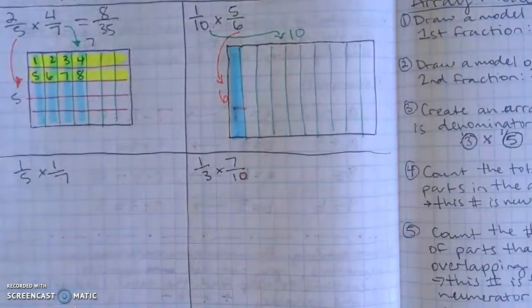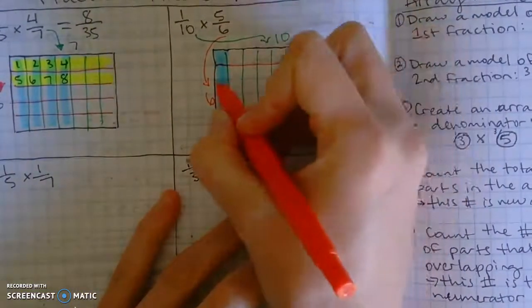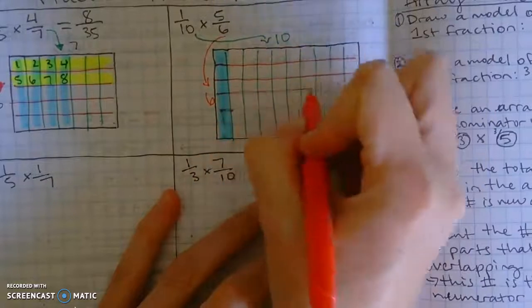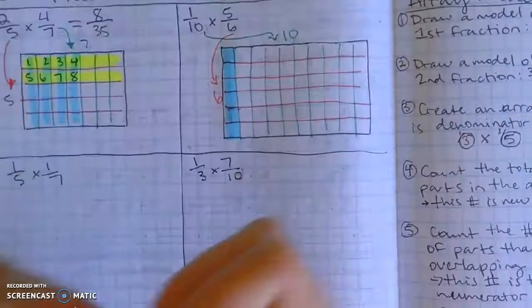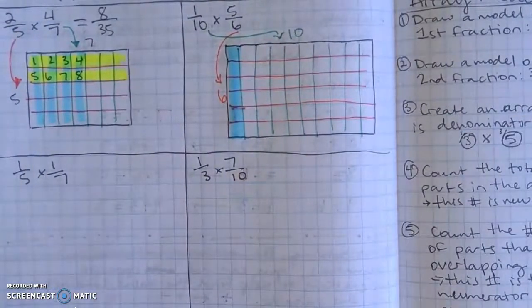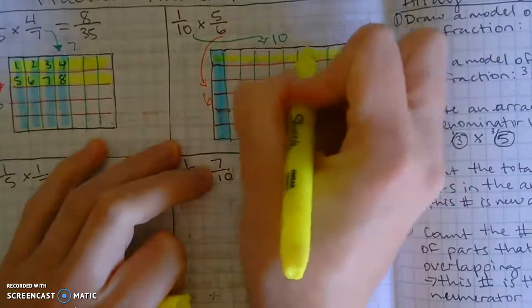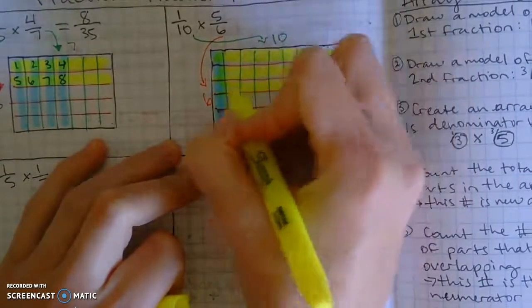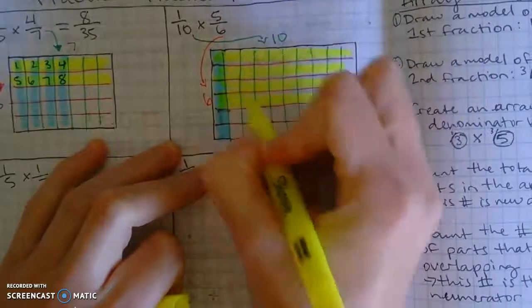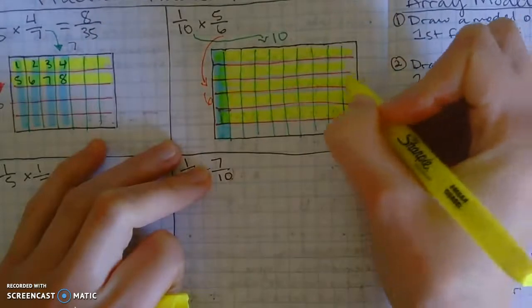Then I'm going to do my 6ths. I'm going to end up coloring in 5 of these: 1, 2, 3, 4, and 5.